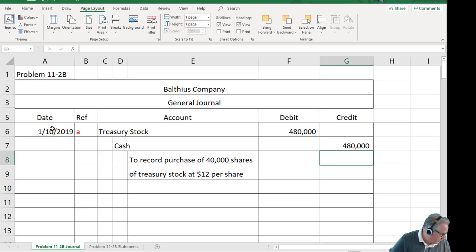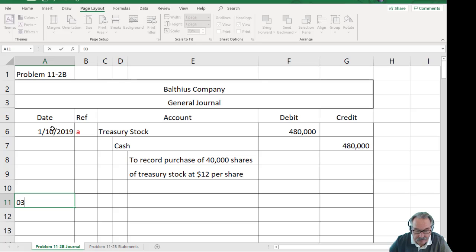Then on March the 2nd, they declared a $1.50 per share dividend. A dividend is how we return money to the shareholders. We're going to prepare a schedule, but before we do that, this is on March the 2nd, 2019, and it's transaction B. We will debit retained earnings.